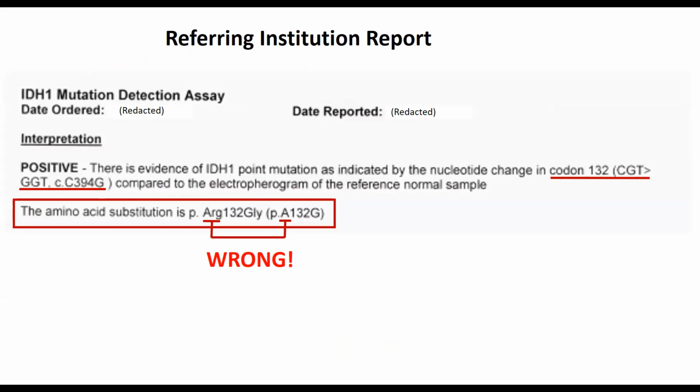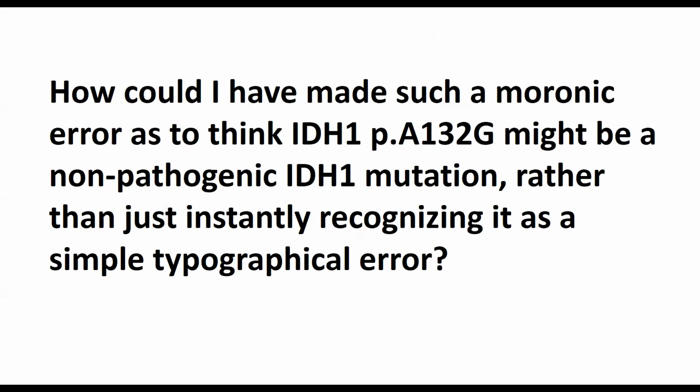There's evidence of an IDH1 point mutation indicated by the nucleotide change in codon 132, CGT to GGT, which would be c.394C>G. They then translate that into amino acid, Arg132Gly, arginine to glycine, and in parentheses p.A132G. When that report carried over into our clinical record, the Arg132Gly was not used, only the p.A132G.